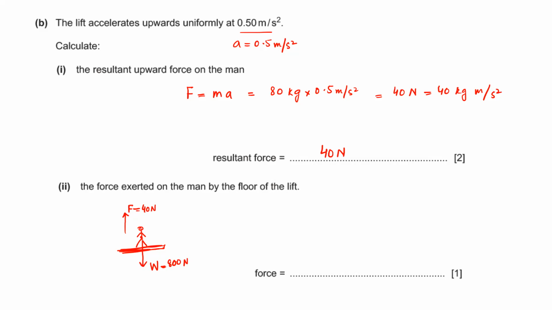So technically there is another force of 40 newtons acting downward. So the overall reaction force acting on the man is 800 newtons plus 40 newtons, so it will be 840 newtons. The reaction force exerted by the floor on the man is 840 newtons.